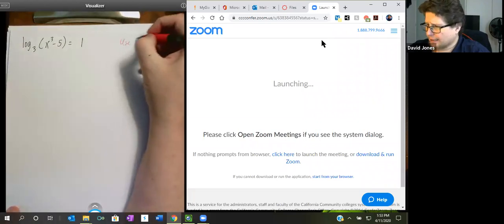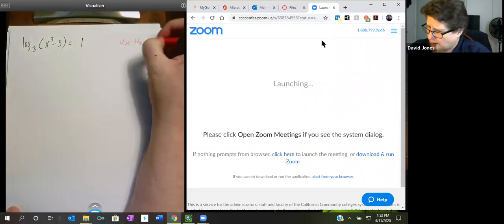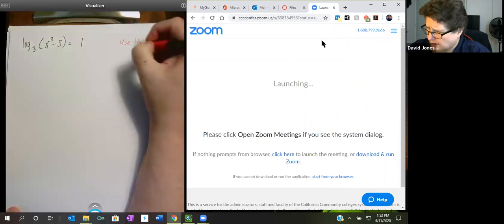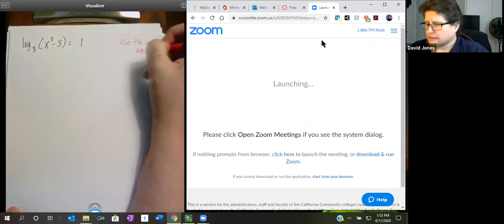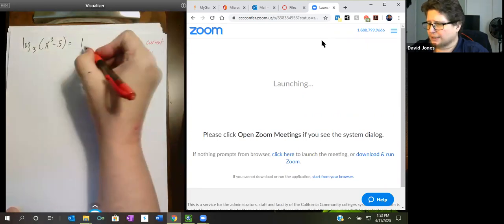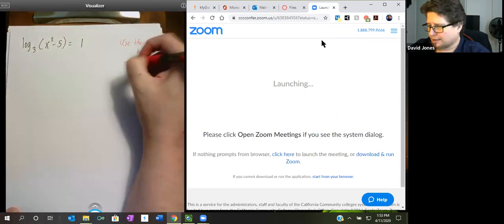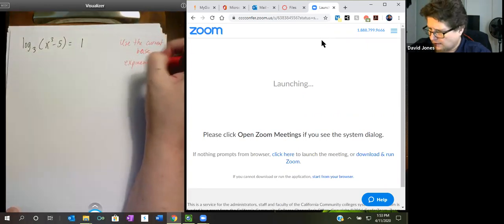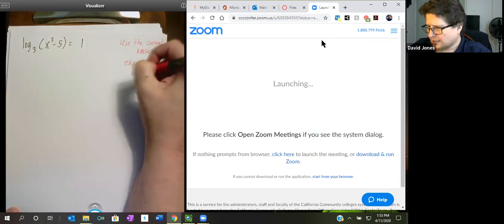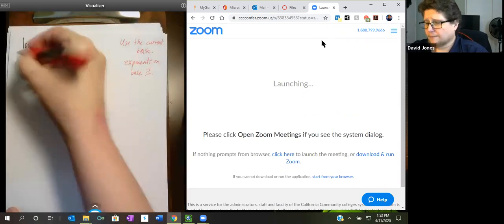Use the current base. I'm going to treat both sides as exponents on base 3, because that's the base of my log.